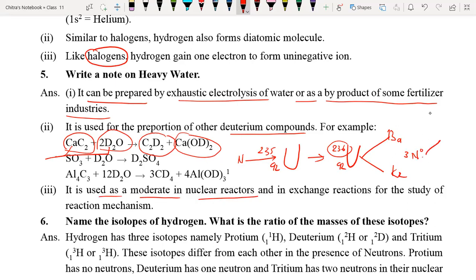These three neutrons again fire on three atoms of uranium-235 and the reaction continues. This is the chain reaction. In order to control such a chain reaction, we use a moderator to slow it down, and there we use heavy water.